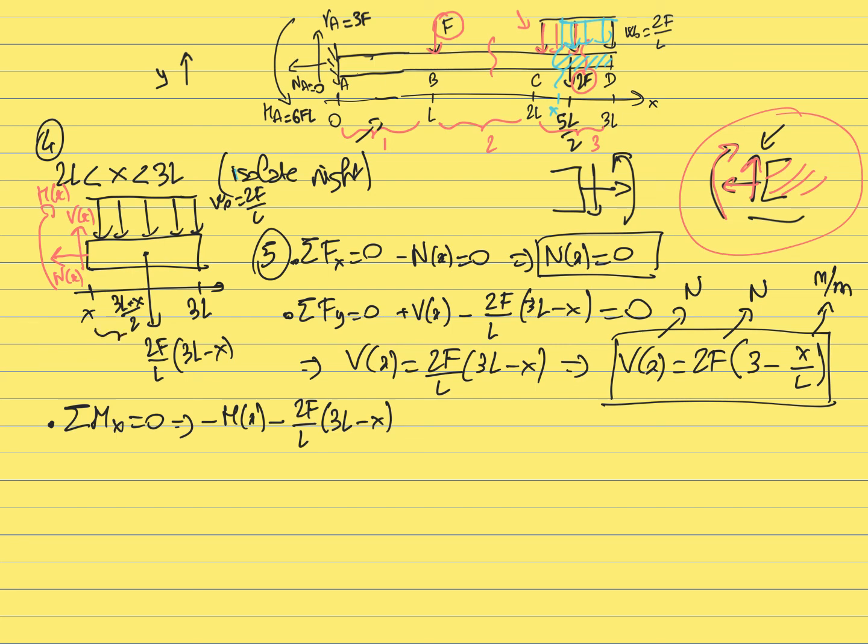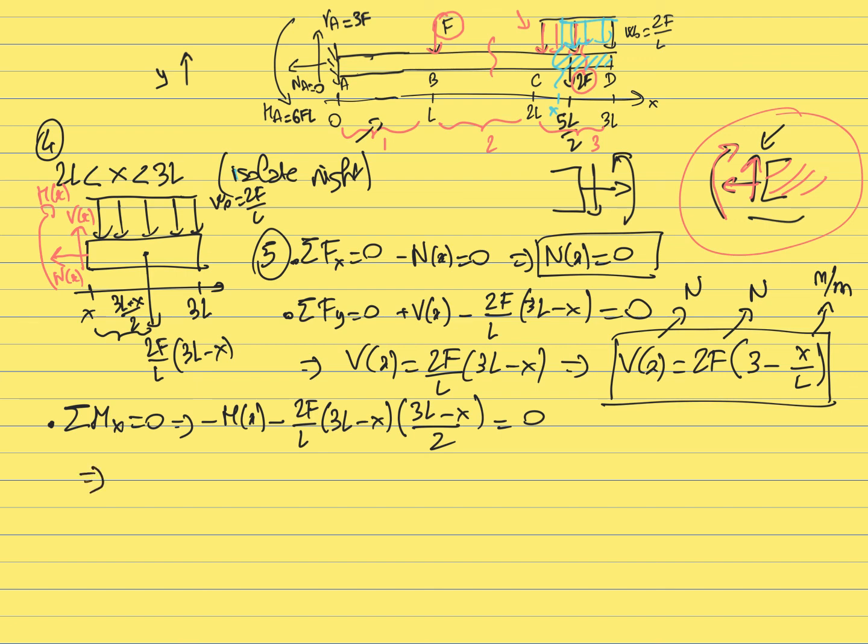The arm is the distance between the point x and the line of action of this force, which is the distance from x to the middle of this beam. This would be the entire length of the beam, 3L minus x, and if I divide by 2, then I find the arm of the force. The sum of all of those moments is equal to 0.